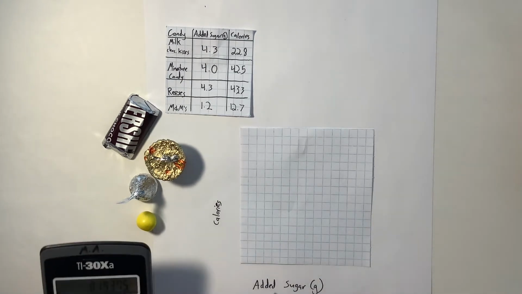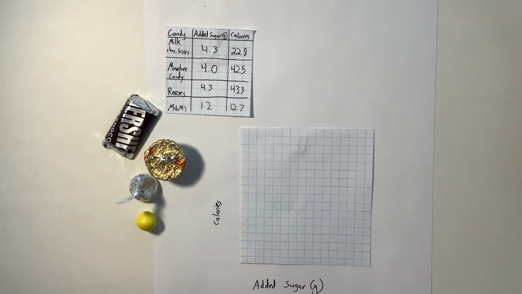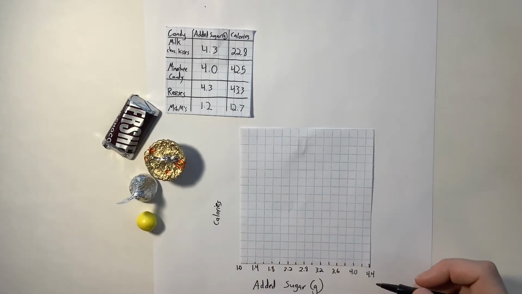That would give me about 0.19. I can round that up to 0.2. So what I'm going to do here is I'm going to start right here. That's going to be 1.0. So we start 1.0, we go to 4.4. That is a good spread of my range.